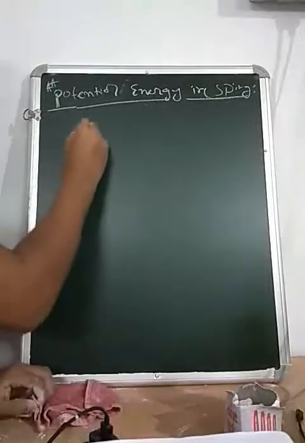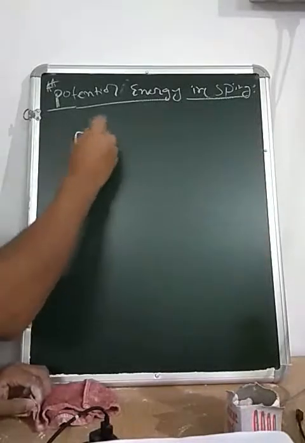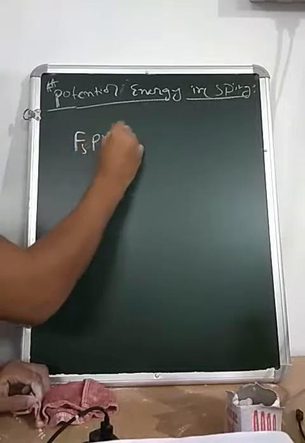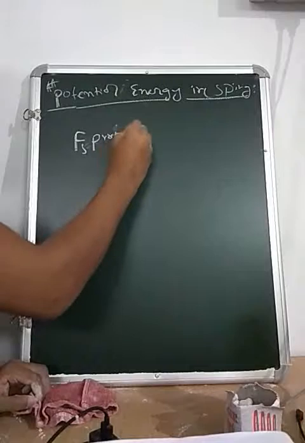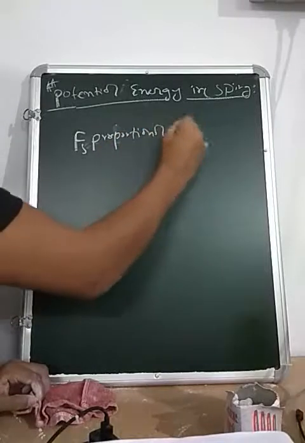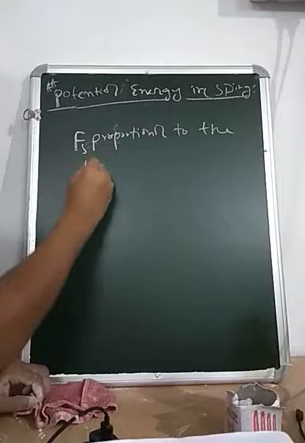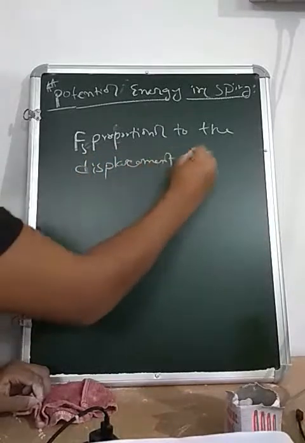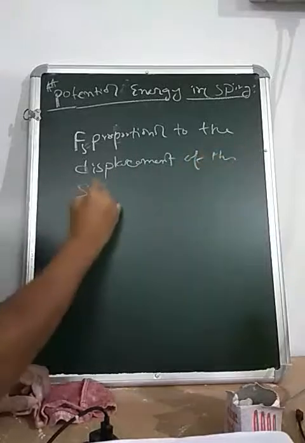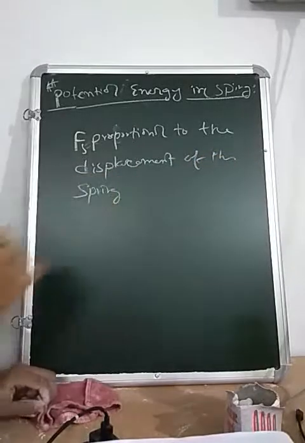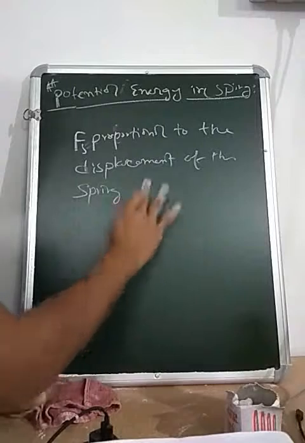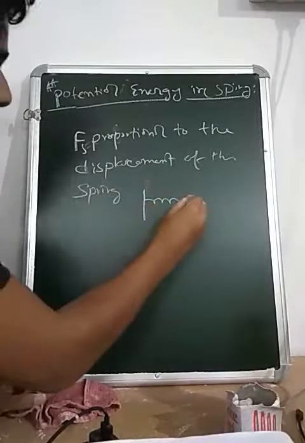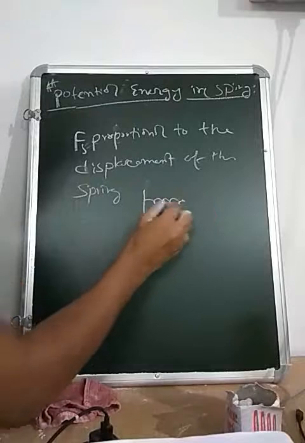And this Fs force is proportional to the displacement of the spring. So what does displacement mean here? Suppose this is a spring in its normal form, with no extension or compression.